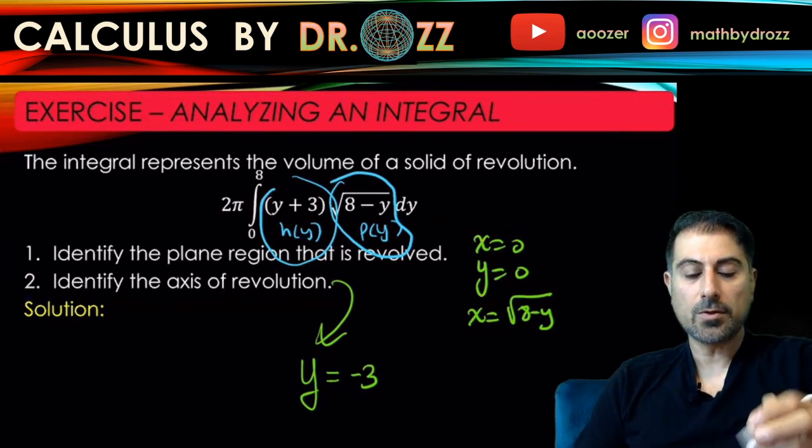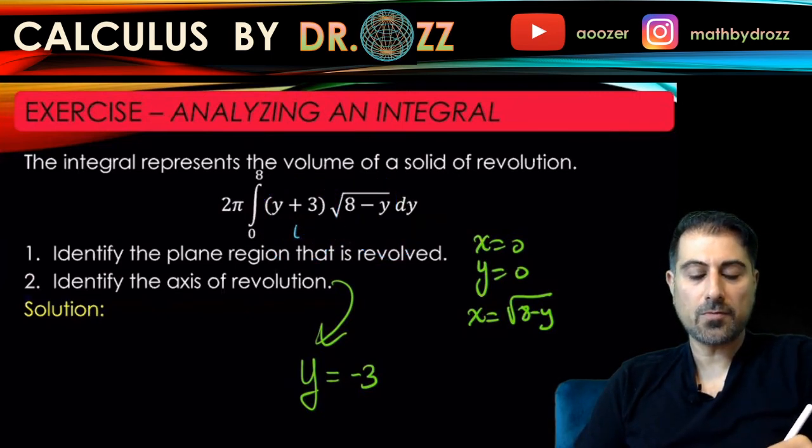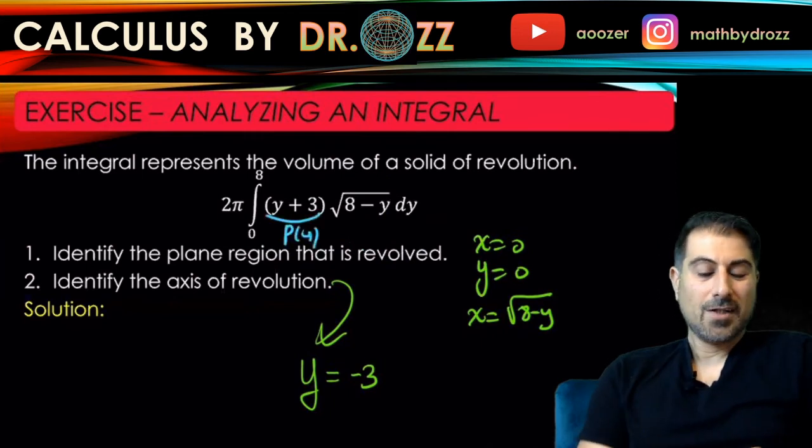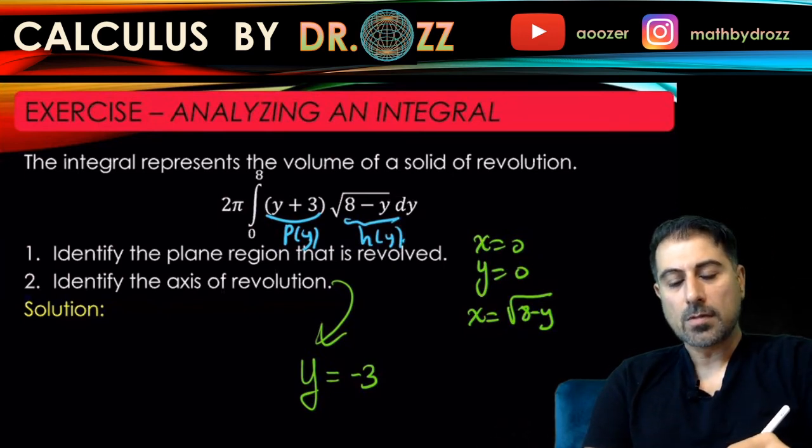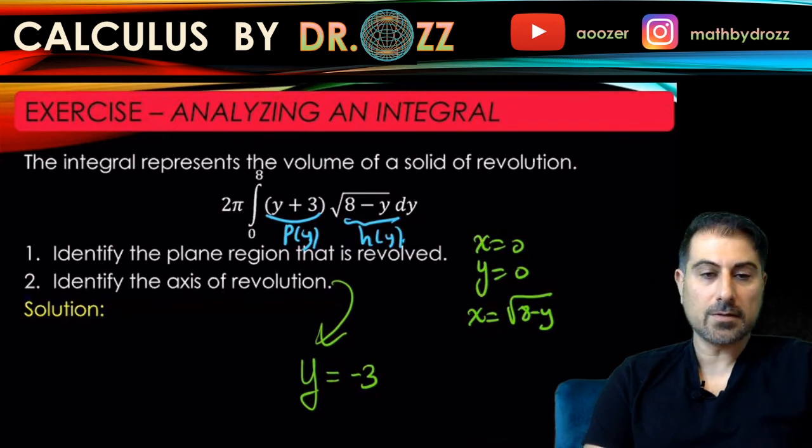You should go with this one to be p of y, and this one to be h of y. This is a nice inverse problem, because generally we're first given the region and the axis of revolution, and we determine the integral to represent the volume. But this is the other way around.